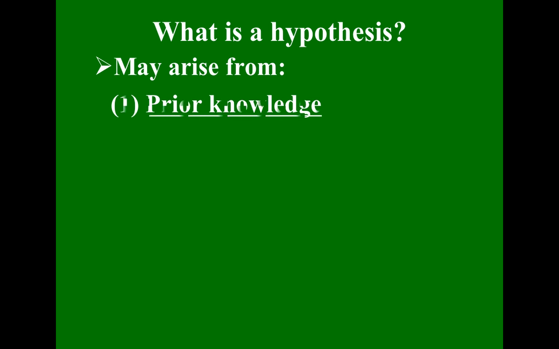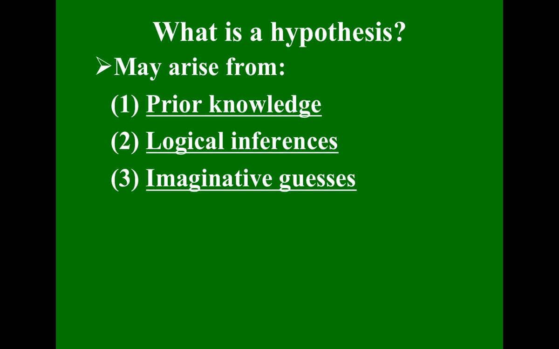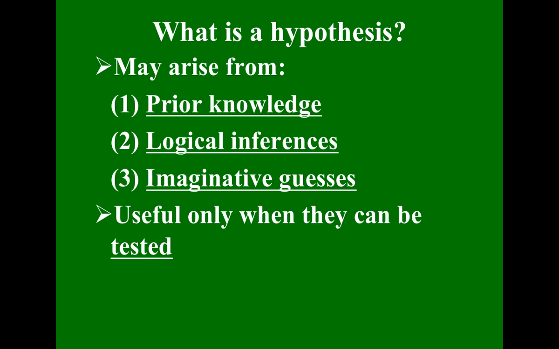So a hypothesis can arise from prior knowledge of the subject, a logical inference, and even imaginative guesses. They do play a role, but we're going to avoid them in this class. A hypothesis is useful only if it can be tested, and you probably want to mark that. That's a really important point about hypotheses, is if you can't test them, they're not useful and we shouldn't be using them.